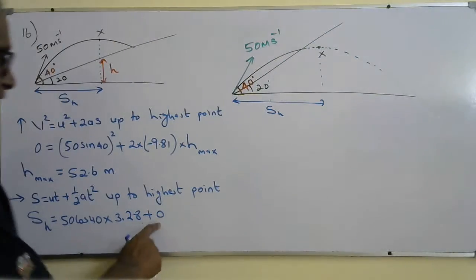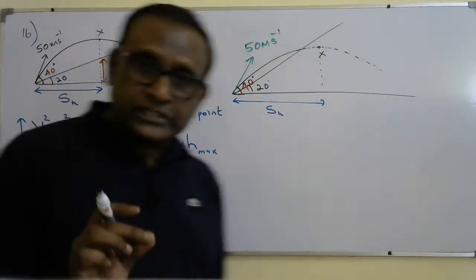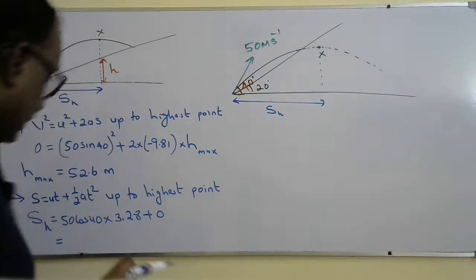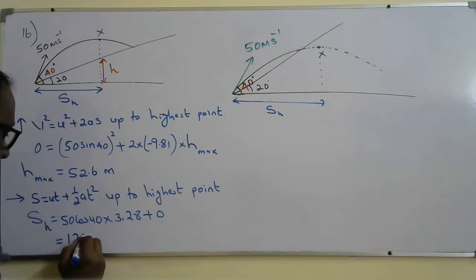So horizontally no acceleration or deceleration. So the horizontal displacement when the projectile is at its highest point is going to be 125.6 meters.